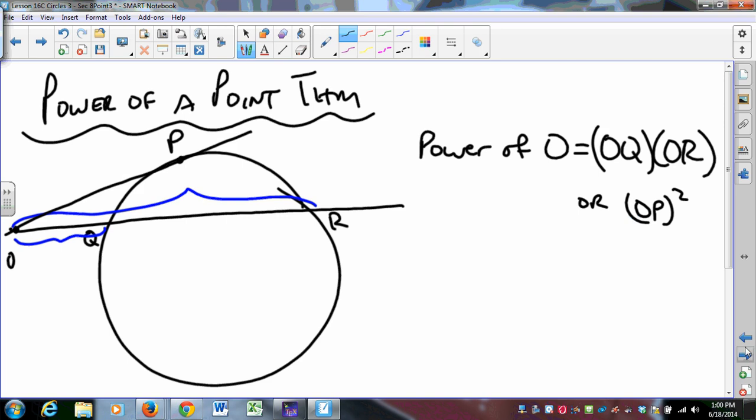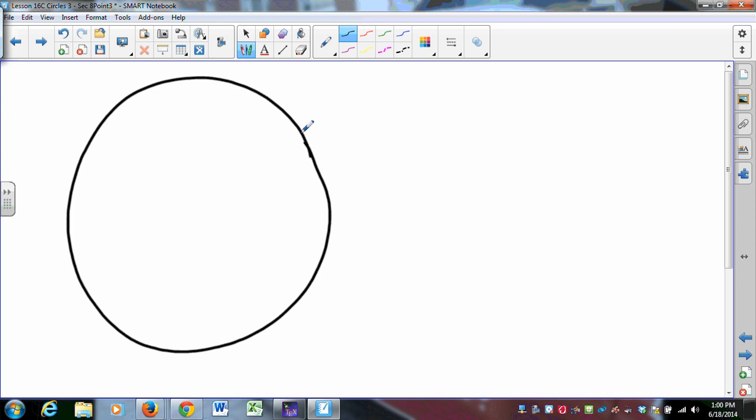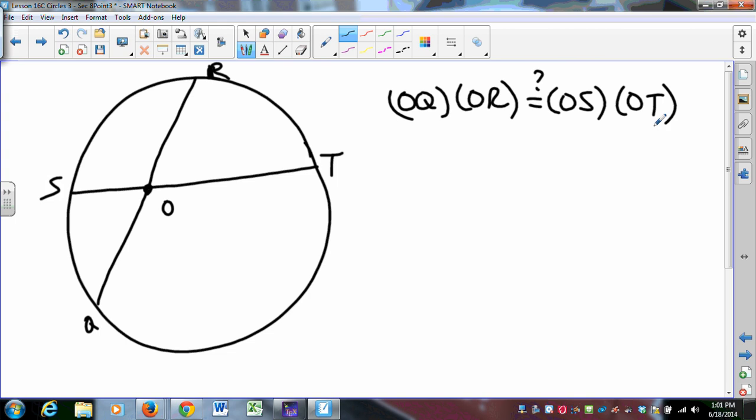So you have to show that if I draw a circle and I pick my point O somewhere in the interior of the circle, and I draw a chord like this, and a chord like this, then OQ times OR is equal to OS times OT. You have to show that.